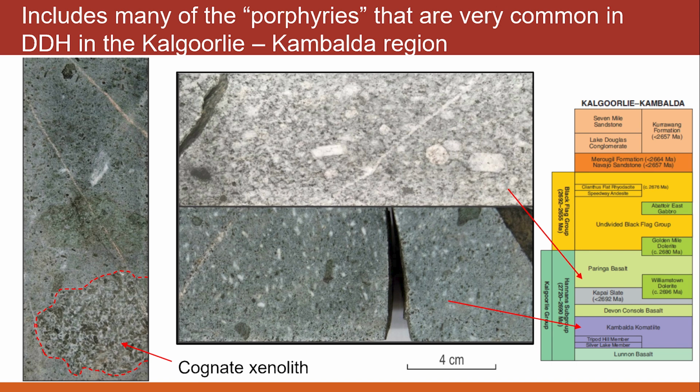And the Black Flag group, which overlies the Kalgoorlie group, is also, broadly speaking, well, the bulk composition of that would also be sanukitoid in terms of its composition. And then just to draw your attention to these, in the bottom left-hand corner, these cognate xenoliths, they're quite diagnostic of what sanukitoids look like.